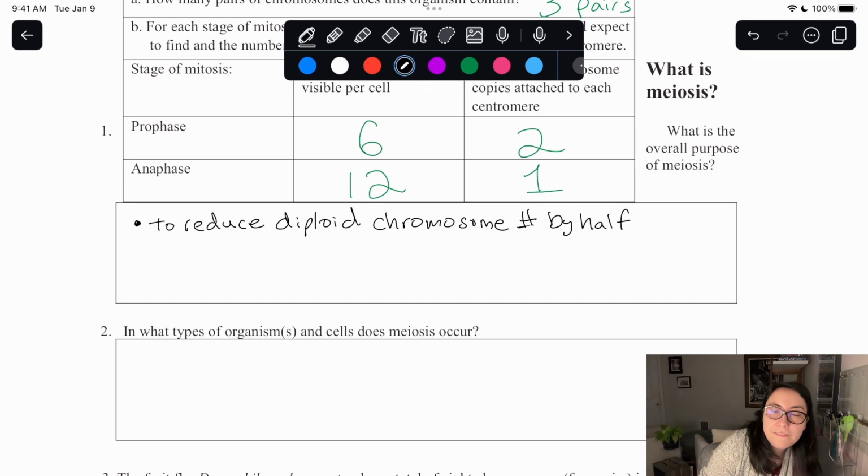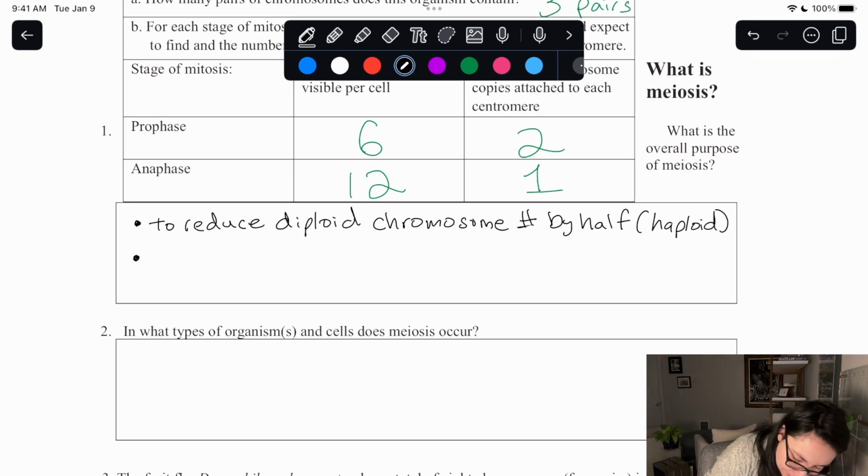So again, we're leaving mitosis and going to meiosis, which is different. We're dealing with gametes here with this one. And this is known as a haploid. Haploid, half. Diploid, 2. Haploid is half of a diploid. That's how I remembered it.